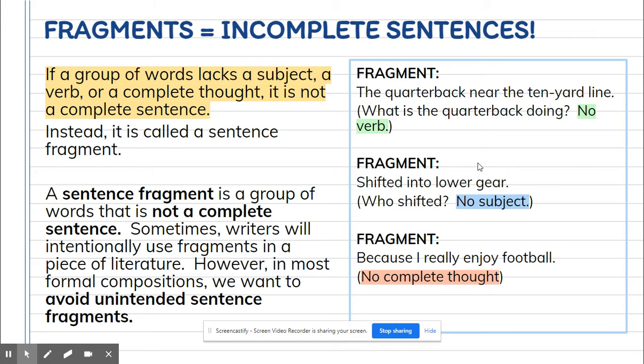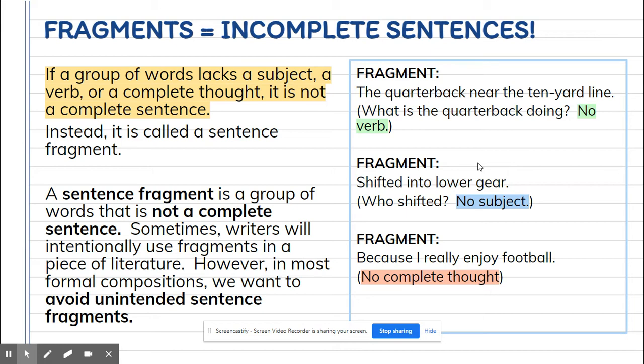So let's look at some examples of fragments in this blue outline box on the right hand side. So our first one says the quarterback near the 10-yard line. So that's kind of our noun phrase, right? Like the quarterback is our subject. Where is he? He's near the 10-yard line. But we don't have any action here. We don't know what he's doing.